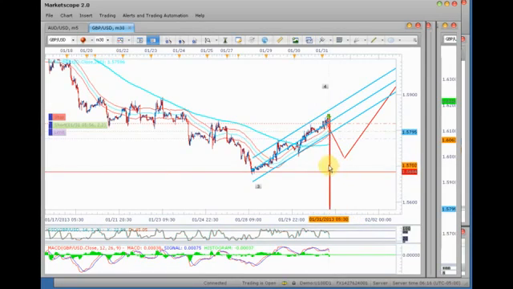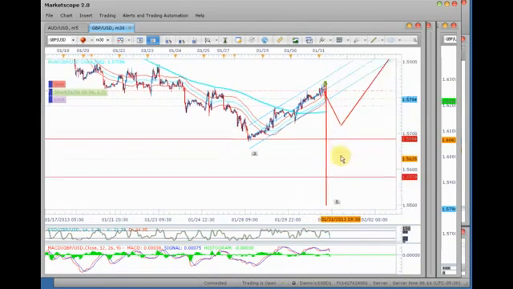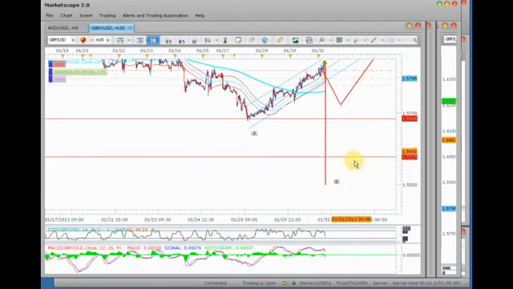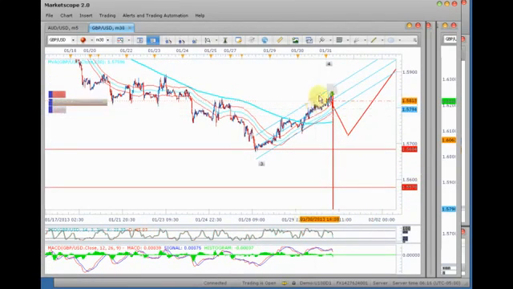Okay, so either we look for maybe just a shallow correction and a move higher, or we look for a full-blown drop down to this area. But some type of a drop is coming. Even if you're using just traditional chart patterns, this looks like some type of a bear flag.